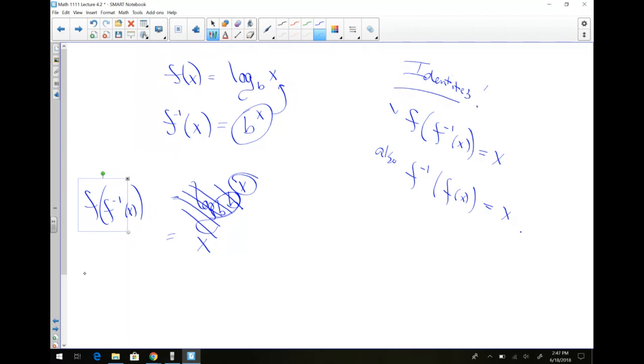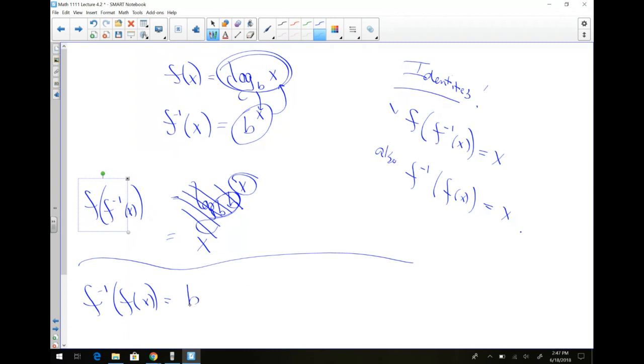And likewise, if I try it the other way, if I plug the regular function into the inverse, I have all of this being plugged into that little x. So now I have base b raised to the log base b of x.